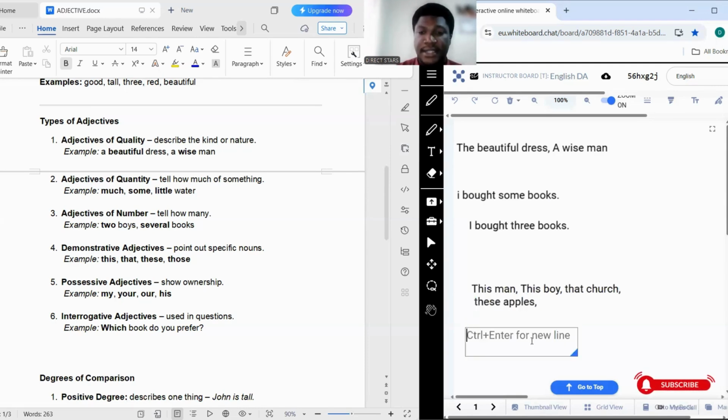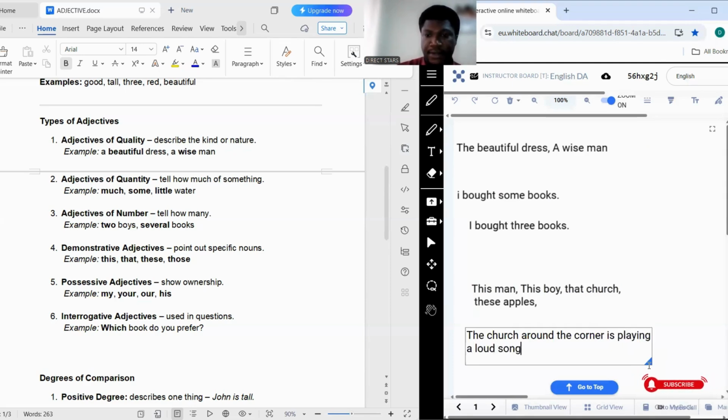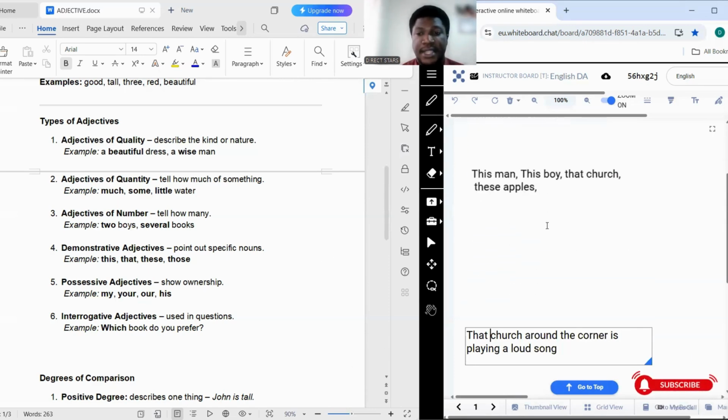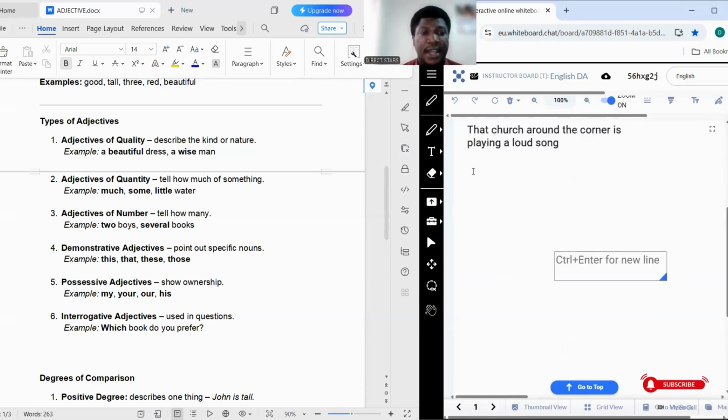So if we look at the sentence, the church around the corner is playing a loud song. You are pointing, or we say that church around the corner is playing a loud song. So you are pointing directly to one of the nouns in the sentence, which is church. And then we also have possessive adjectives, which show ownership.